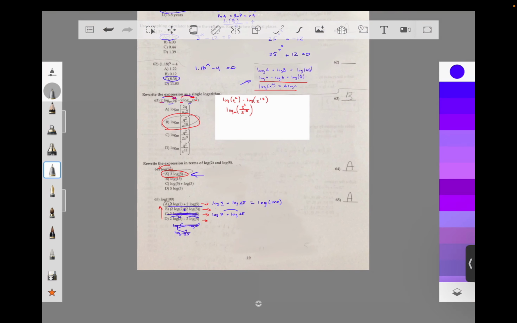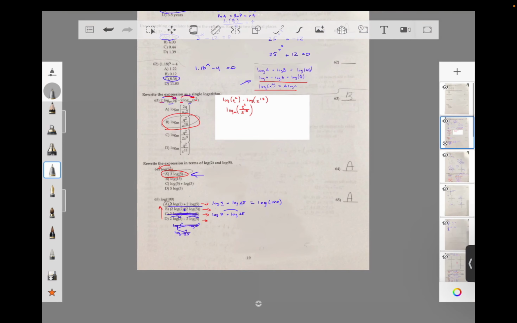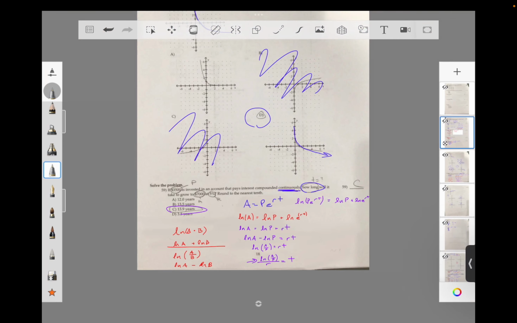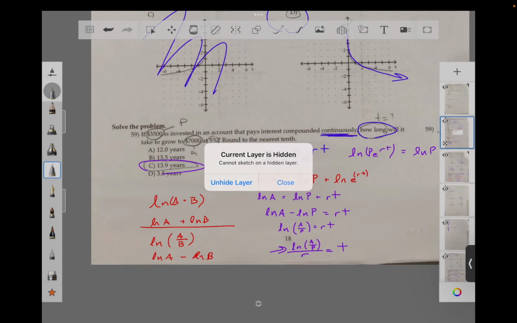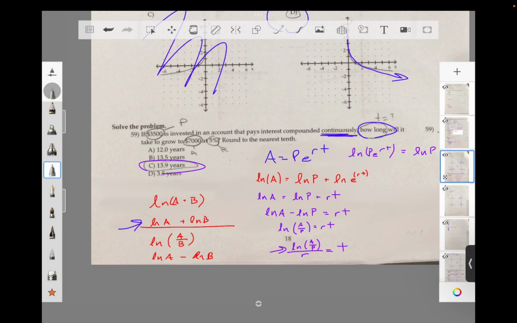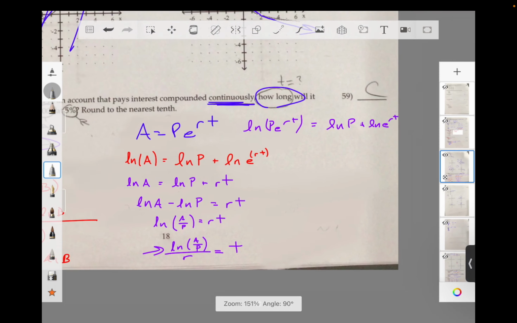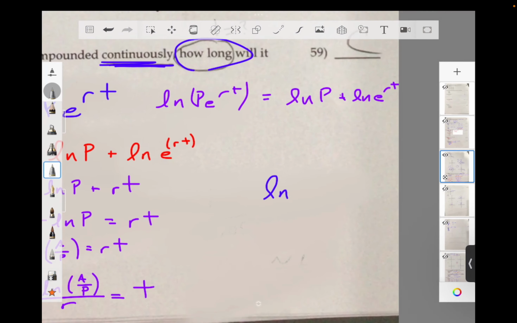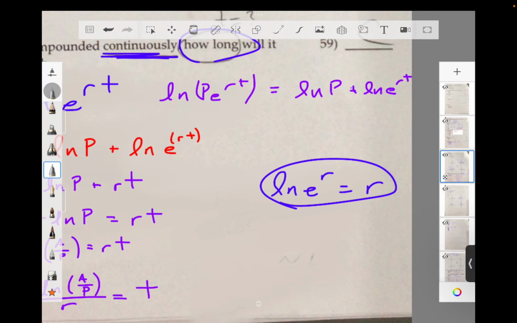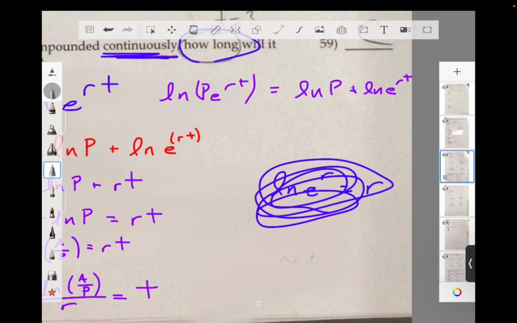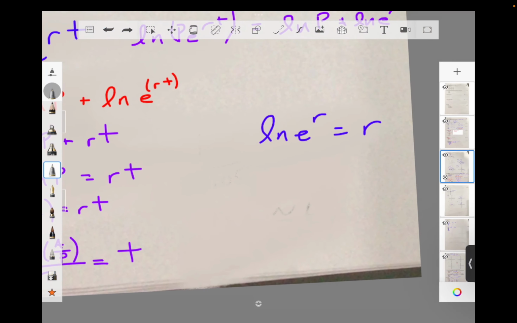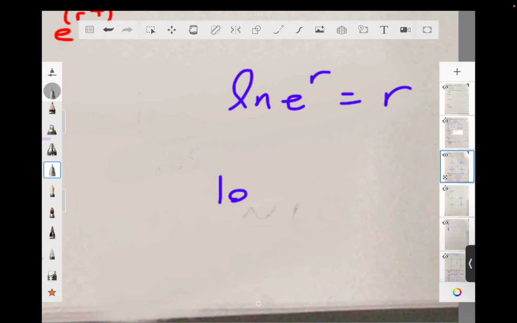You might question why didn't I use... Well, I did use 2 of the identities here, but you might question the whole ln of e to the r equals r. Depending on the base changes the answer. I don't think you have to worry about this principle unless you're dealing with natural log, but it applies to all logs.